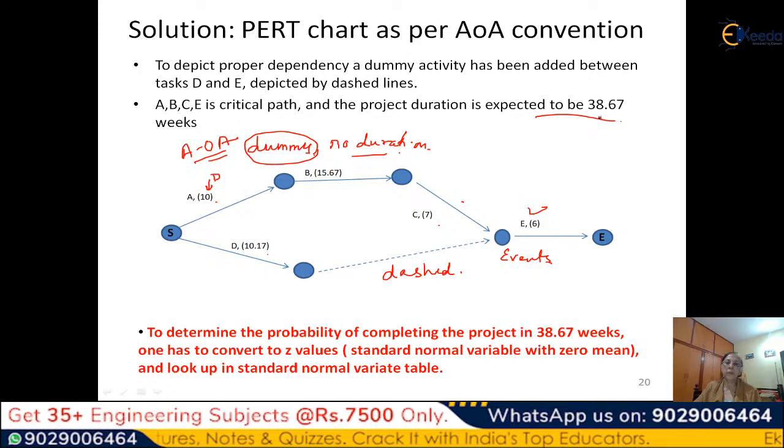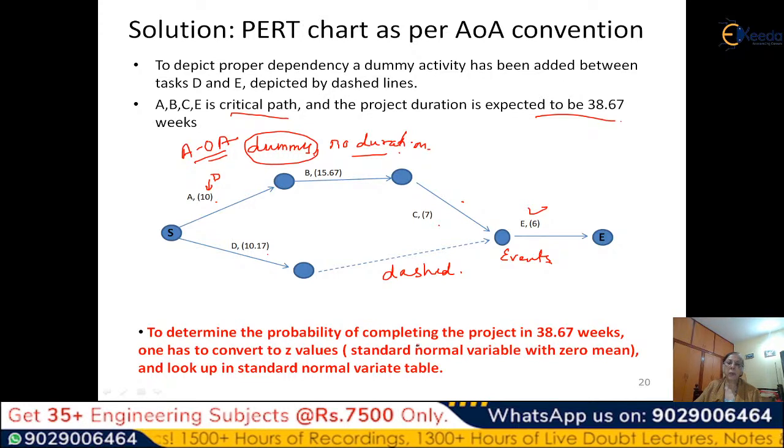You can verify this. And if you go this way, then this is 17 plus 6. So there are two paths. This path is 17 plus 6, which is 23. And this path is more. So obviously, the longer path becomes the critical path.